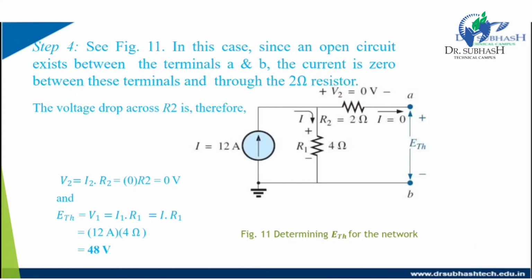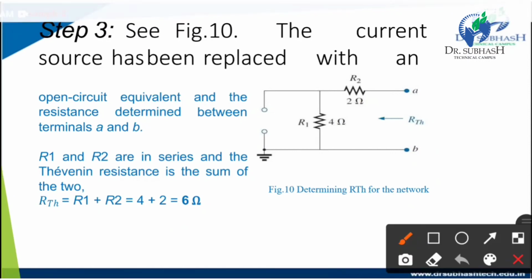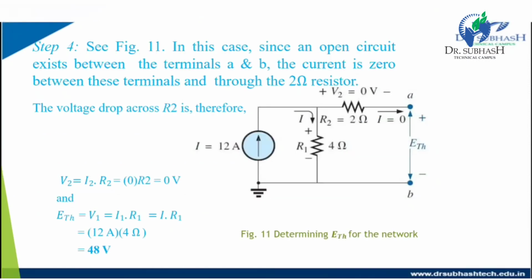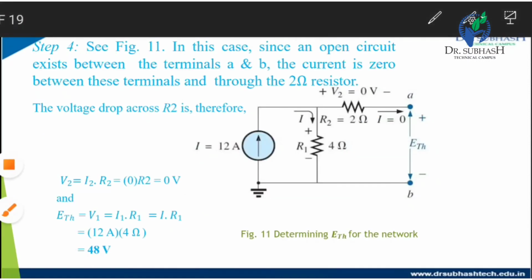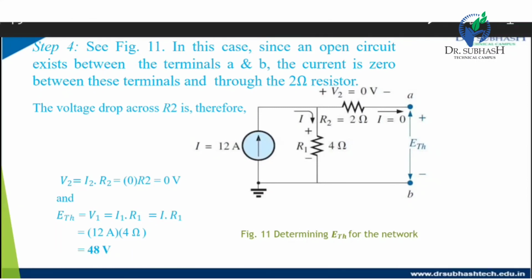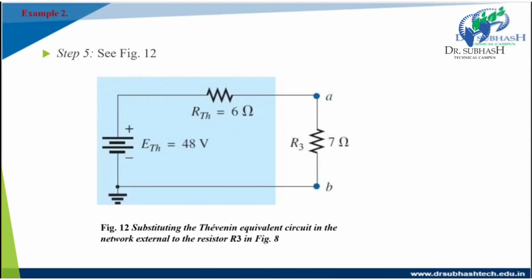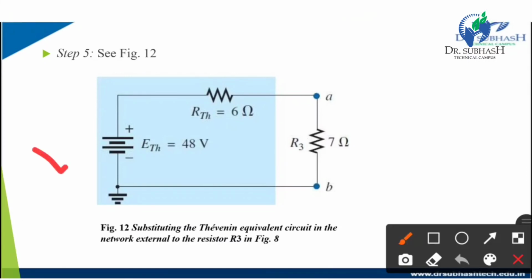Now we have RTH equal to 6 ohm and ETH equal to 48 volt. So now the Thevenin equivalent circuit is our step 5: ETH equals 48 volt, RTH equals 6 ohm.